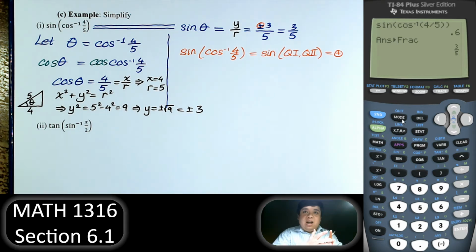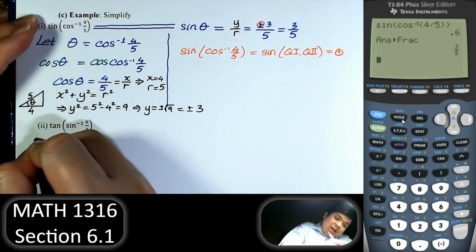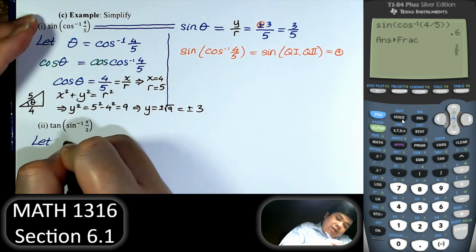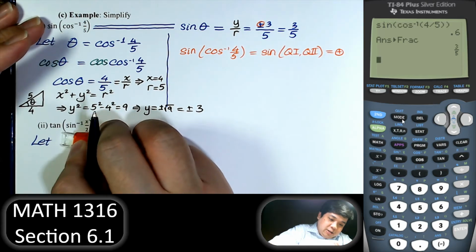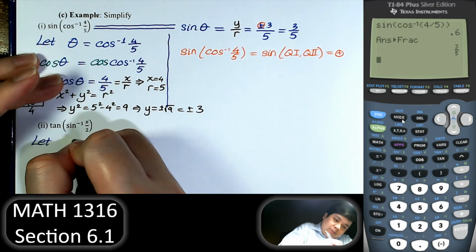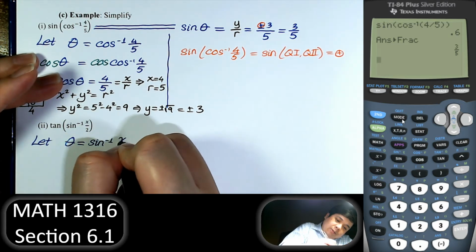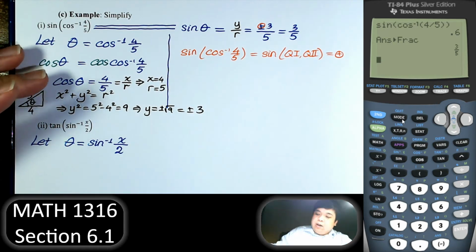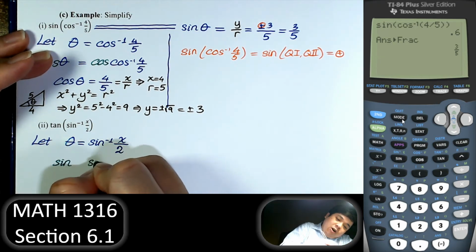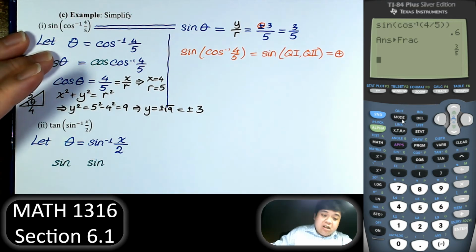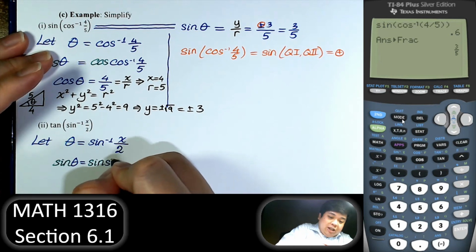Let the inverse inside be an angle. So same thing here. I will let theta be the sine inverse of that. And then I can take the sine on both sides, because the function will cancel the inverse if it exists. And of course, if the question is asked, most likely it exists.